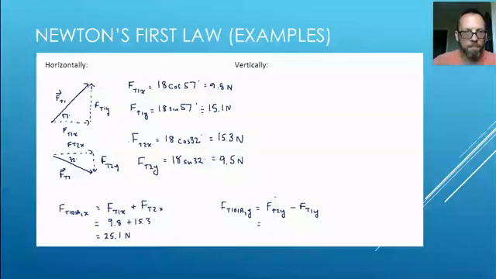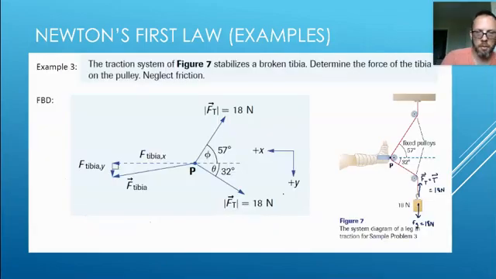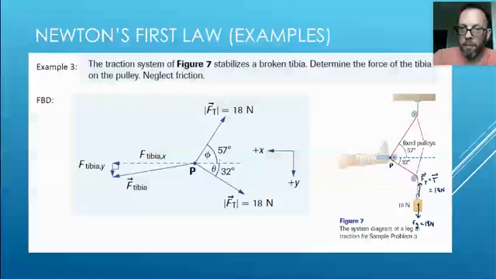Ft2y, and we will subtract Ft1y because we know that's going in the opposite direction. So we just have to be careful here. Because the tibia force is downwards, the sum of the two tension forces to balance it out must be upwards.